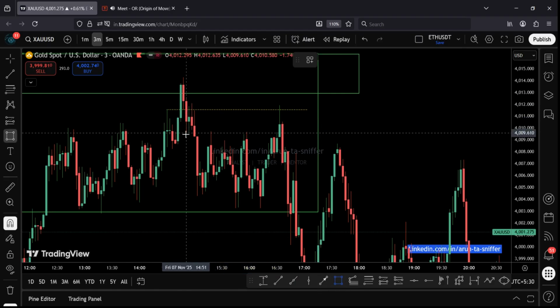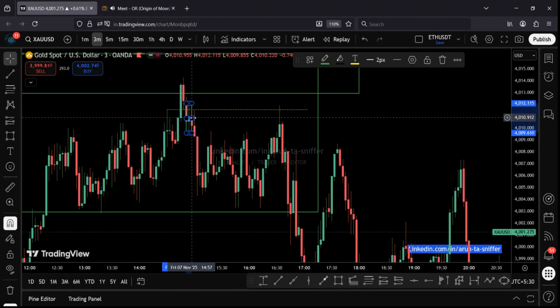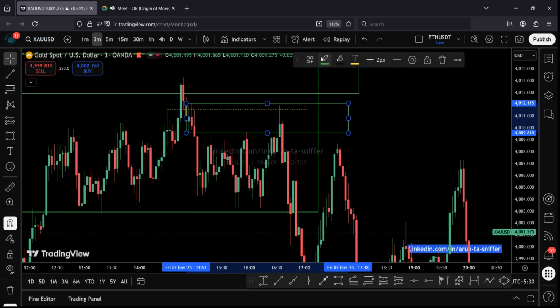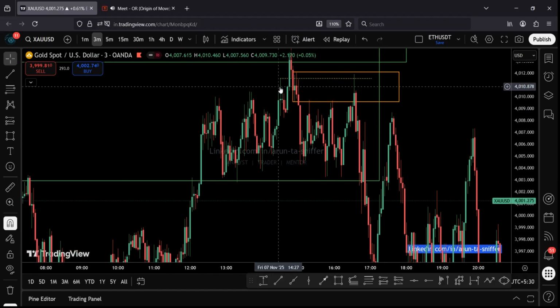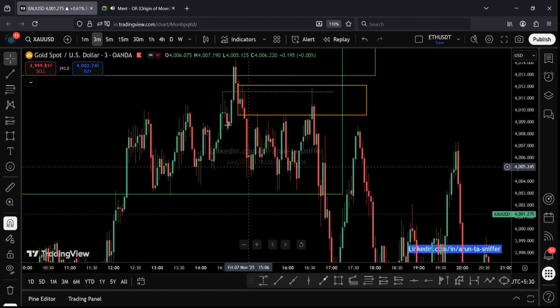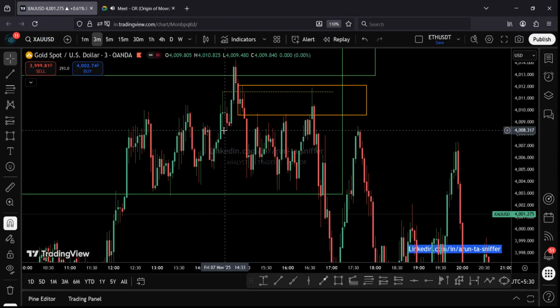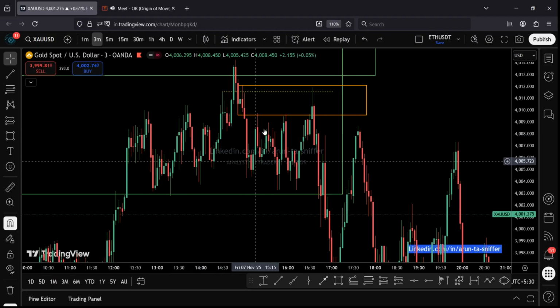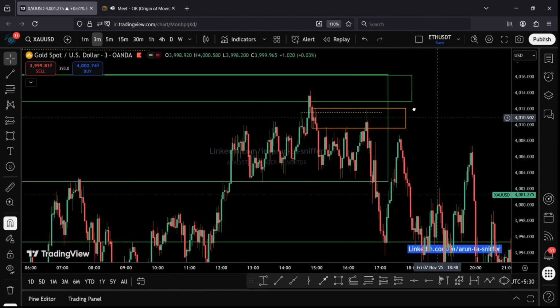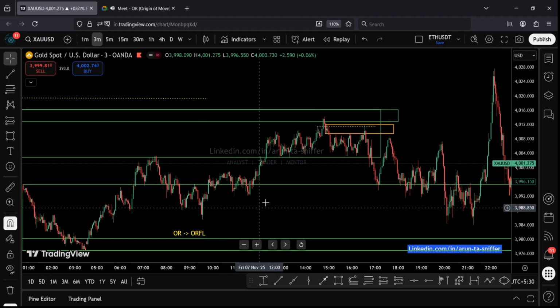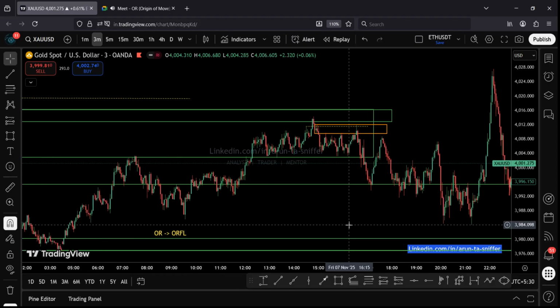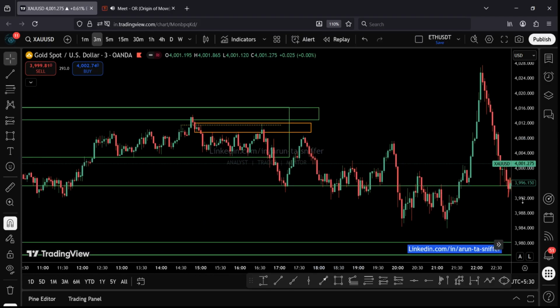Price came down till here, goes till here. This is our DP. Price came down, engulfs this one, goes up. So what can we do? We can short from here, and our target will be this ORFL.